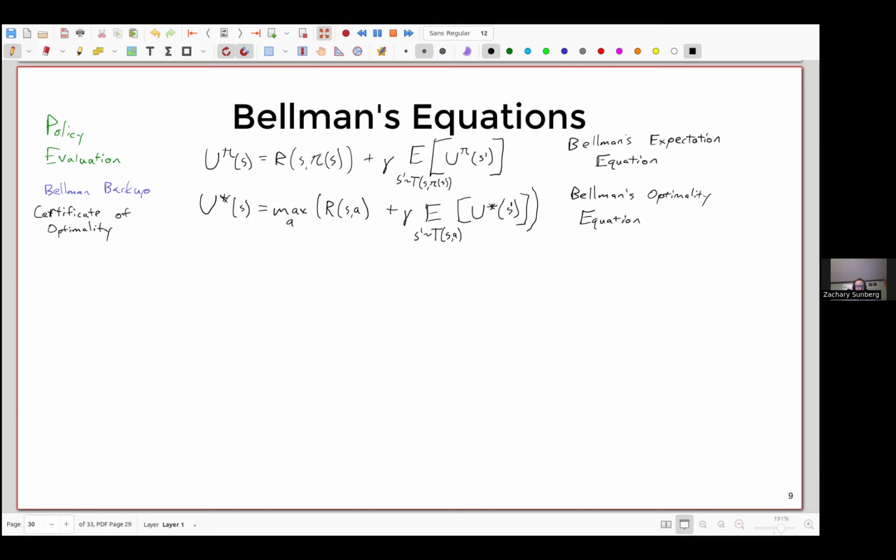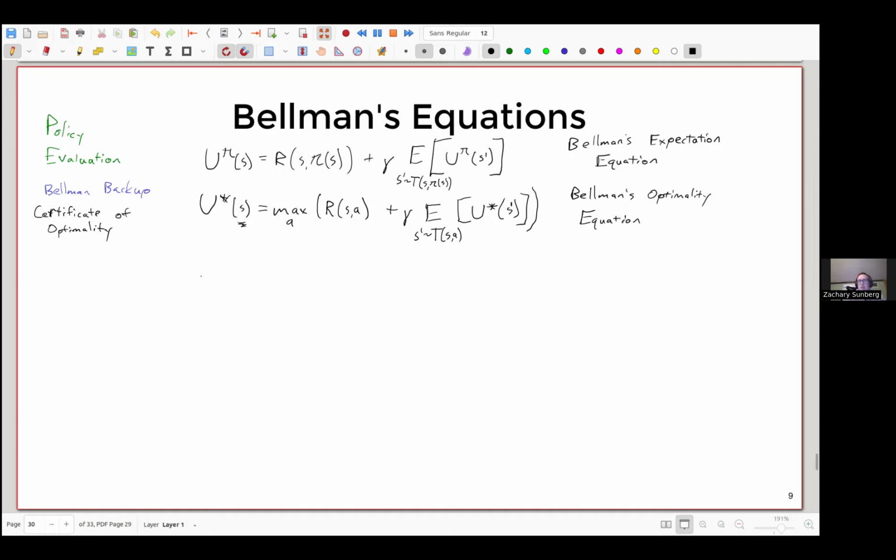And we'll talk about why that is in a few lectures. So if somebody comes to you with a value function and asks you, is this optimal? Then you can evaluate this equation for all states s here. And if it's satisfied, then that is the optimal value function.